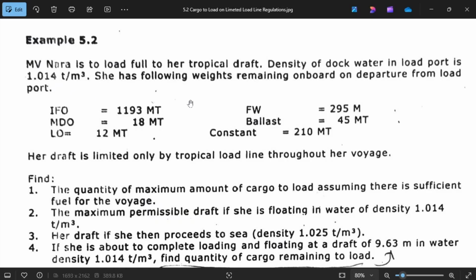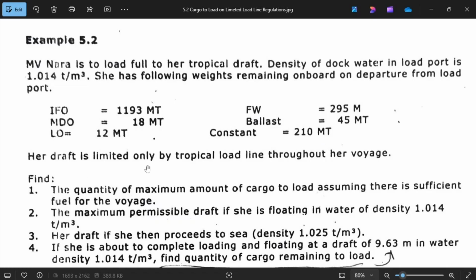She has the following weights remaining on board on departure from load port. So this is your ROB prior to departure in the loading port. FO is 1193 metric tons, DO is 118 metric tons, LO is 12 metric tons, freshwater is 295 metric tons, ballast is 45 metric tons, and your constant is 210 metric tons.